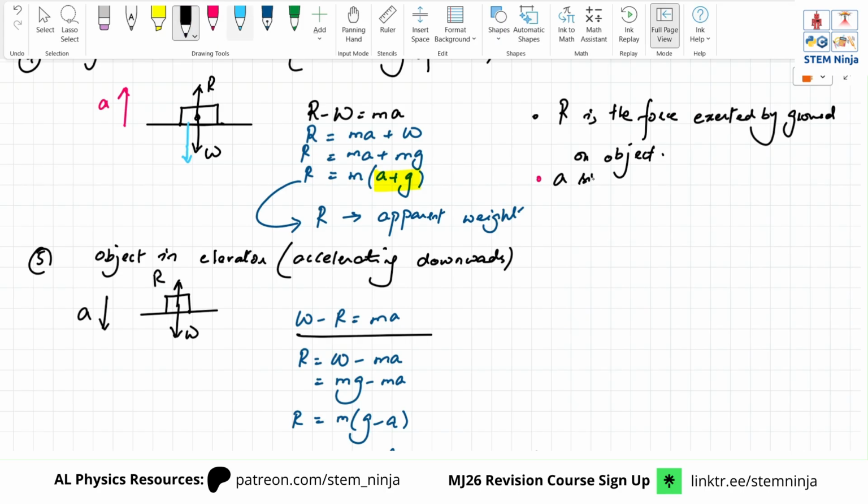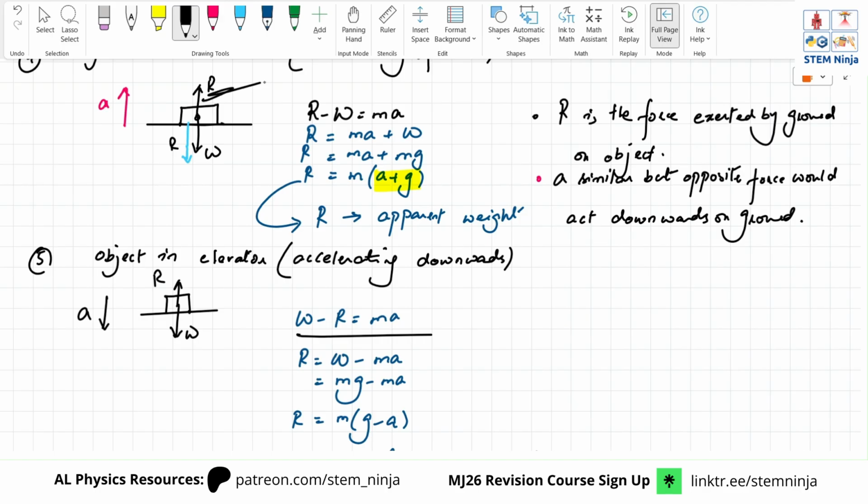So a similar but opposite force would act downwards on ground. So if the question comes, what is the force exerted by the ground on the object? That is clearly obvious, this one, but what is the force acting by the object on the ground that is also similar but acting down? So that will have the same magnitude as your normal reaction force, but it would be acting down.